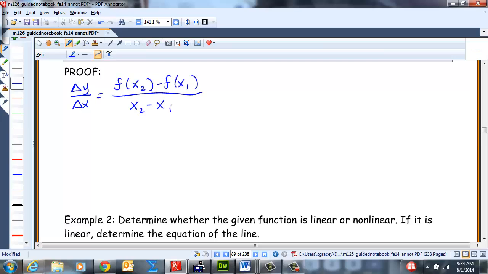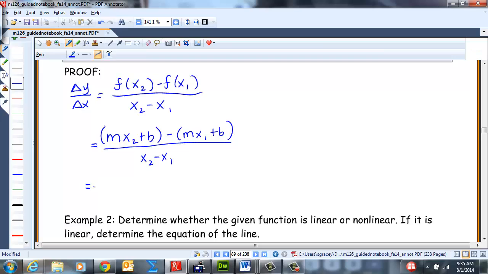But what is f(x2) and f(x1)? They are (m x2 + b) minus (m x1 + b) all over x2 minus x1.